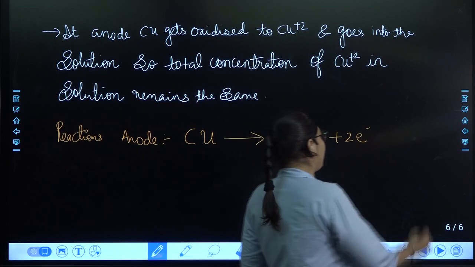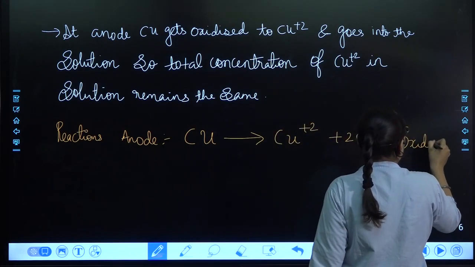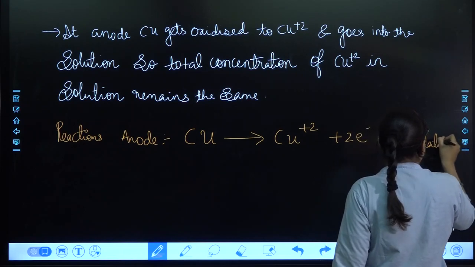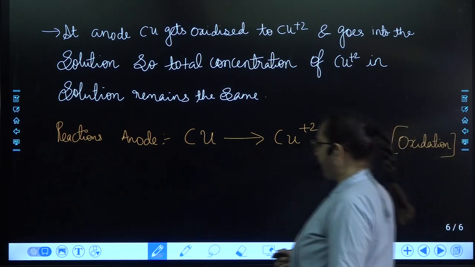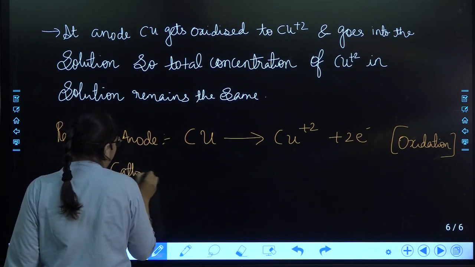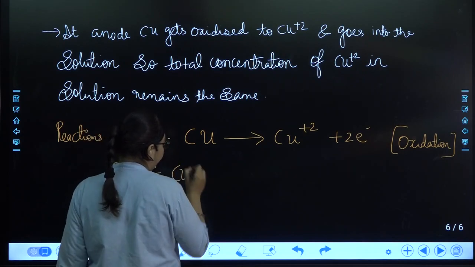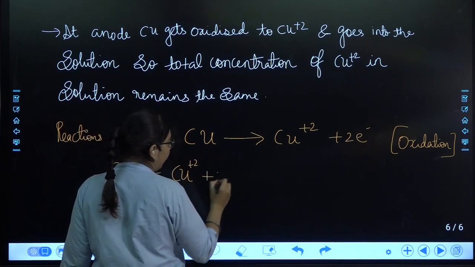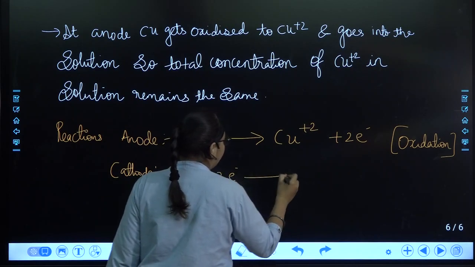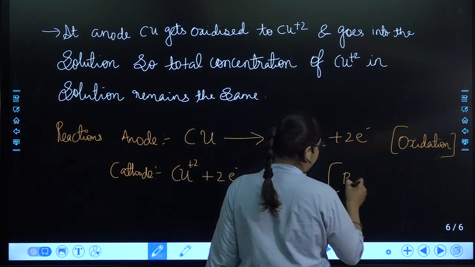That means it will give up its 2 electrons and become an ion. While at the cathode, again, this Cu2+ will take 2 electrons and get converted into Cu. Here reduction happens.